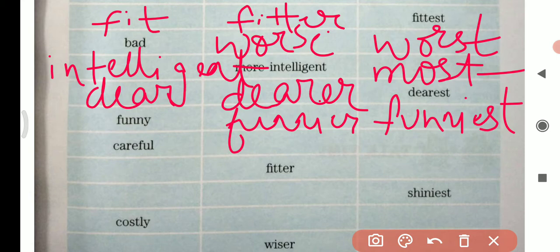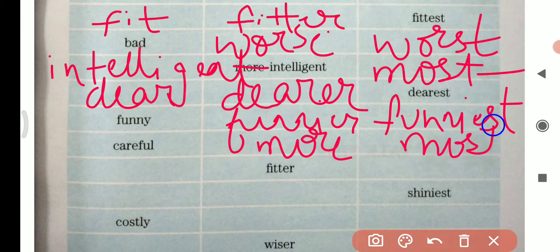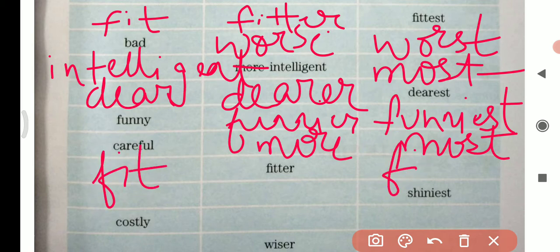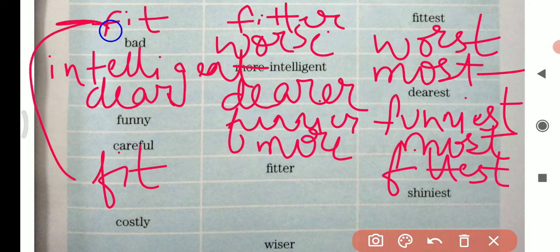Next is careful. So the comparative degree will be more careful and the superlative degree will be most careful. Next, fitter. So the positive degree will be fit and the superlative degree will be fittest. See, it is already given here also.